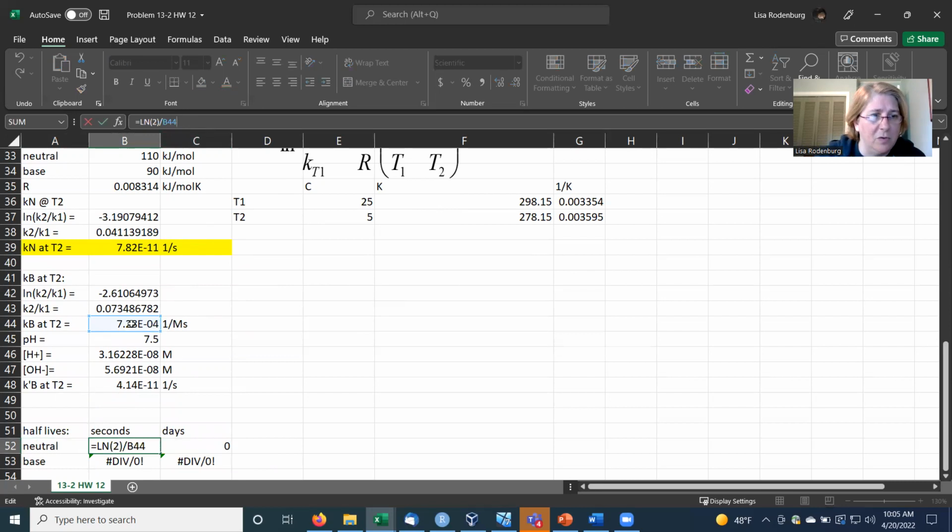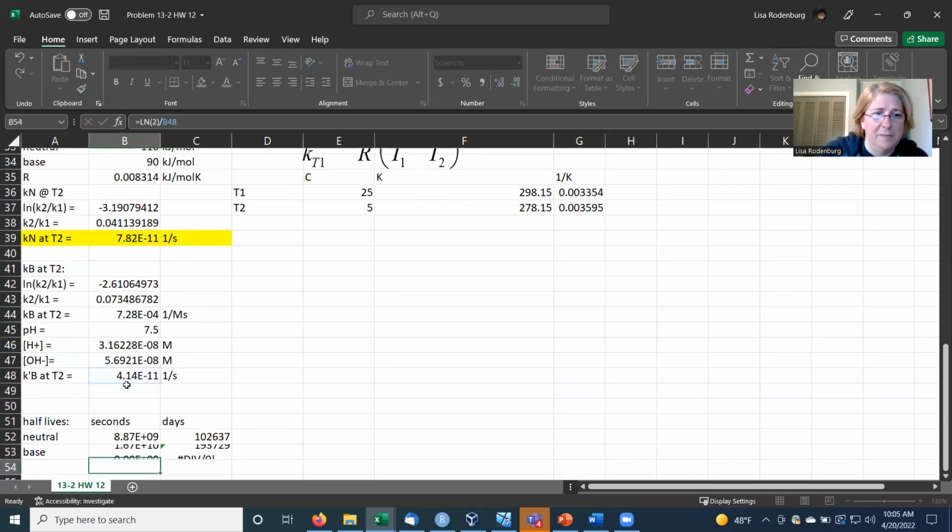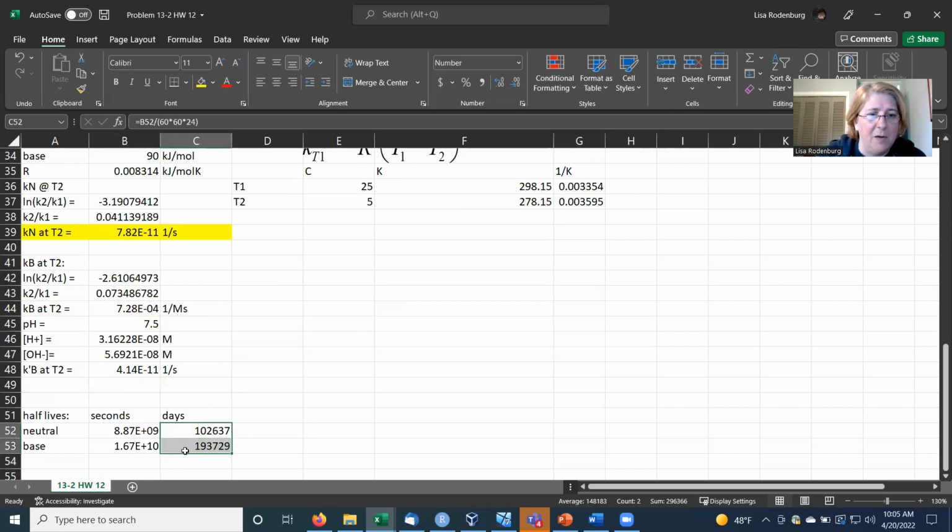So this is now Kn at T2 is here, and Kb is here. And so now much longer. About an order of magnitude longer, because remember right here, we went down by 7%. We're down to 7% of what we had before. If we were going down to 10%, it would be exactly 1 order of magnitude slower. It's a little bit more than that.